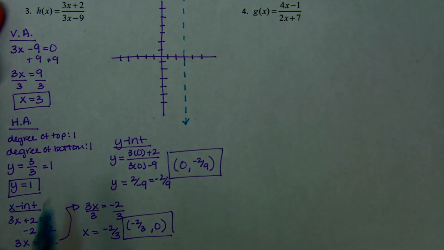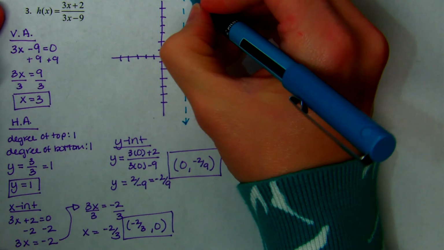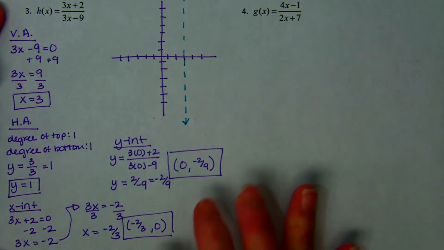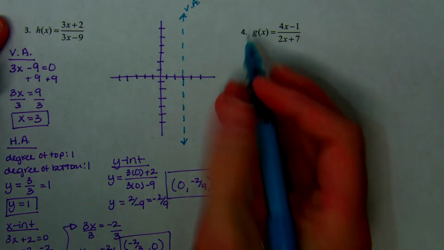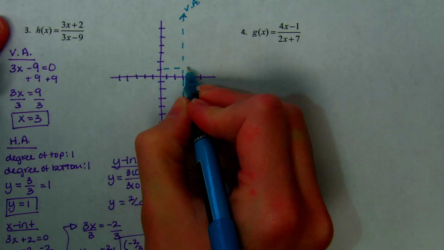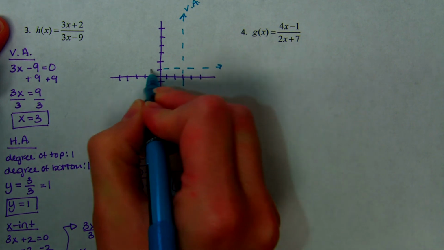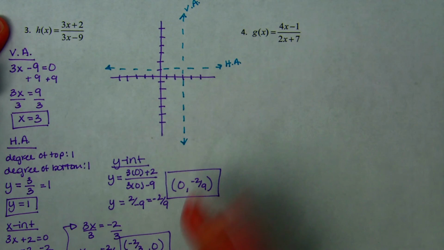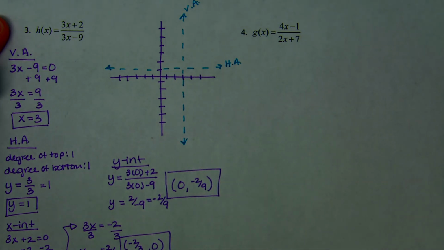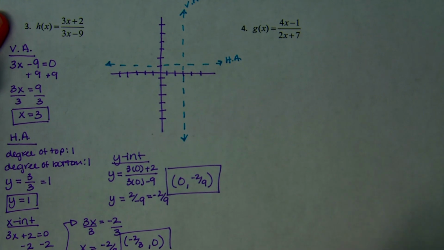Okay, and then we'll label it VA. Our horizontal asymptote, you can't even see that, I'm sorry guys. Our horizontal asymptote for this problem is at y equals 1 again, so here's our horizontal asymptote. And then what we do is we graph our x and our y intercepts, and we see what that tells us about the curve.